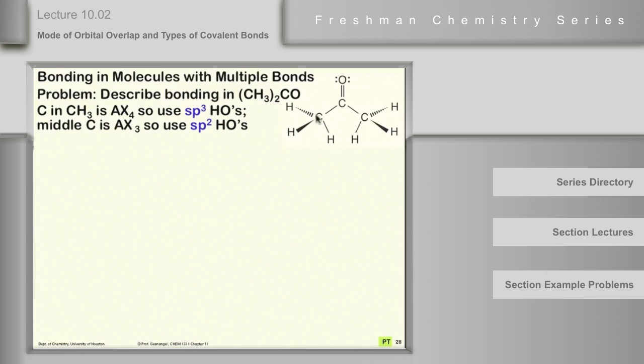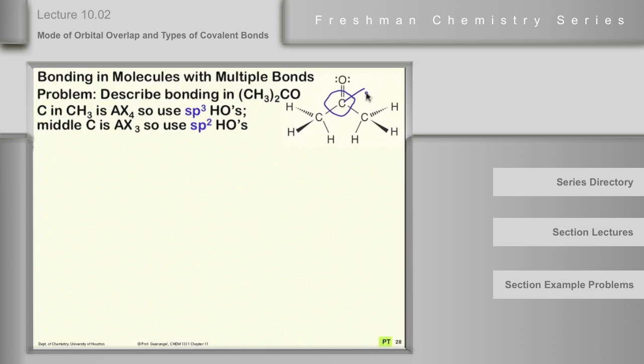We look at the 2 CH3s, just like the CH3s we've seen before. These carbons are AX4, and therefore they use sp3 hybrid orbitals. So this carbon and this carbon use sp3 hybrid orbitals. The carbon in the middle, this one here, has how many electron groups around it? 3 electron groups around it.